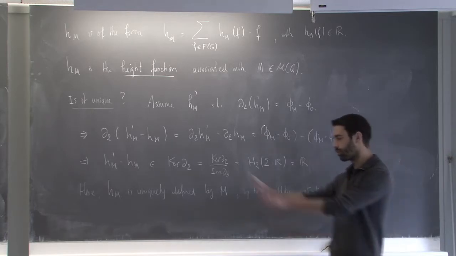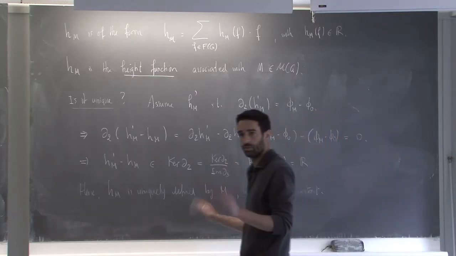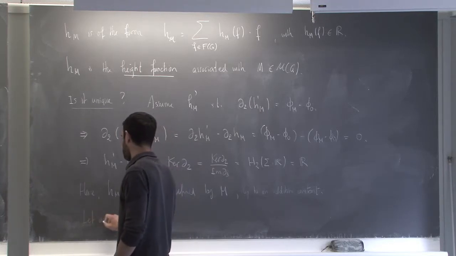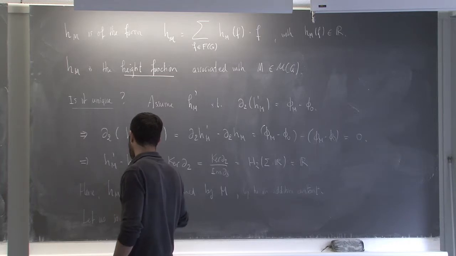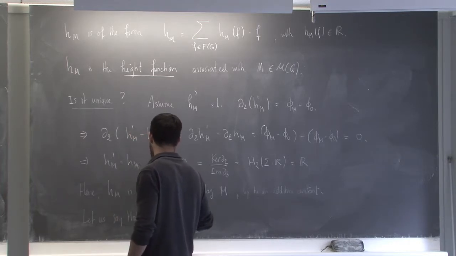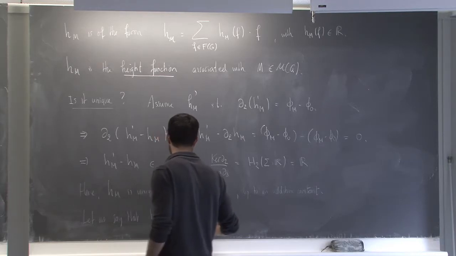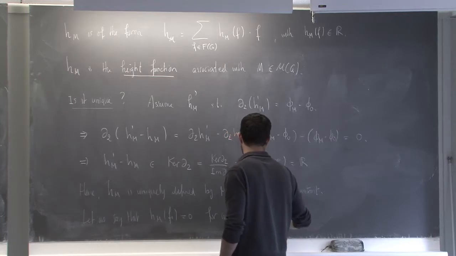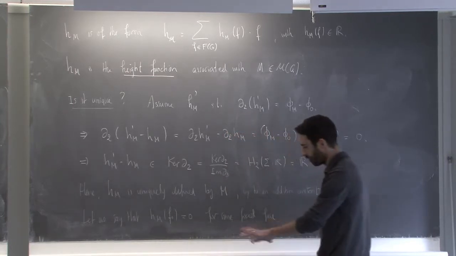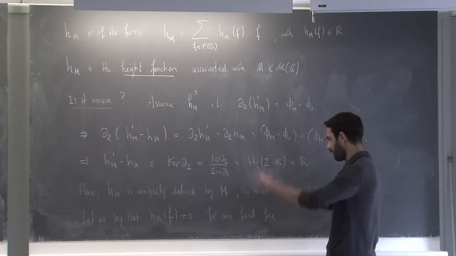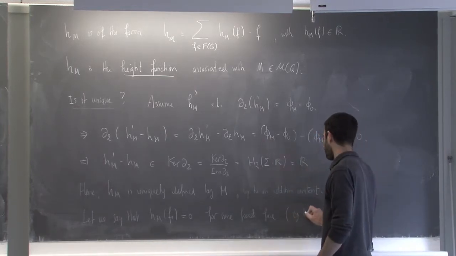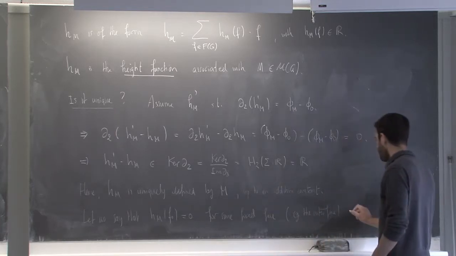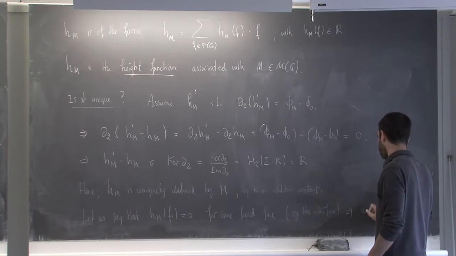So let's say you take the outer face, I don't know, and you say this is equal to 0. So let us say that hm of f0 is equal to 0 for some fixed face. For example, since we have a finite graph on the plane, we just say it's the outer face. And then it is unique.